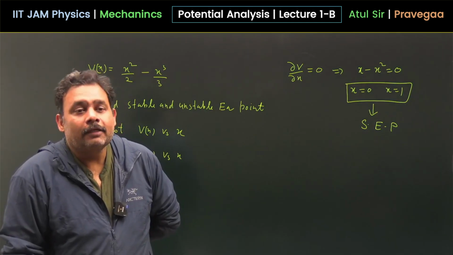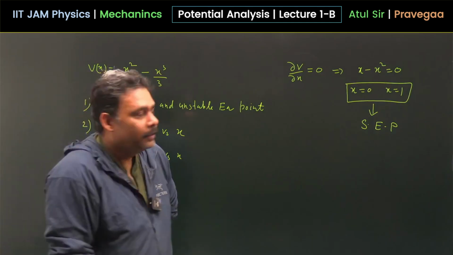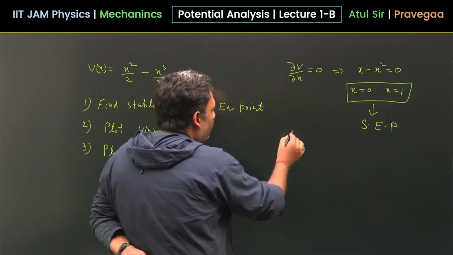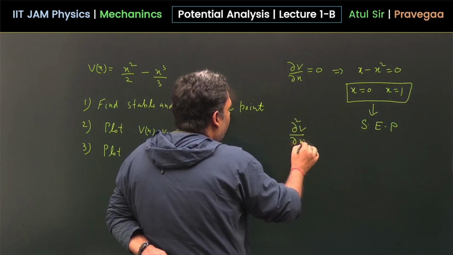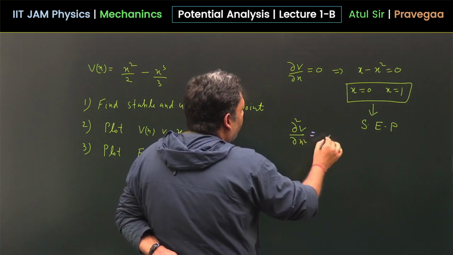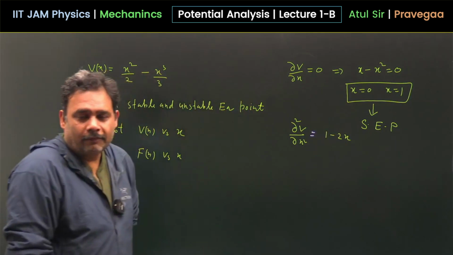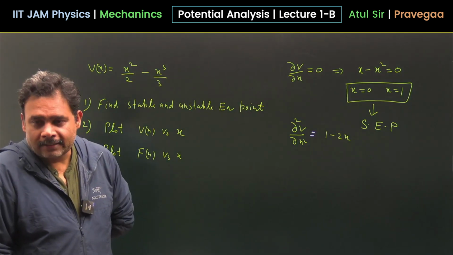Now we have to check which point is stable and which point is unstable. Okay? So how you will go for? You will go for second order derivative. जब आप second order derivative पर जाओगे, then you have del square V upon del x square, and that value is 1 minus 2x. Okay?